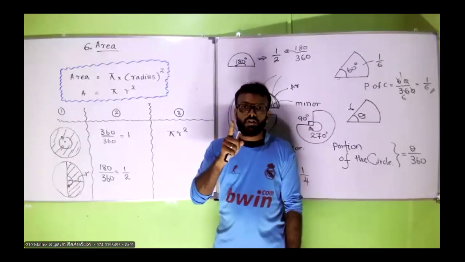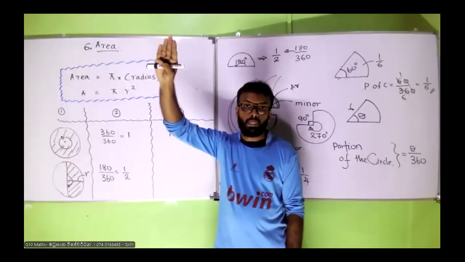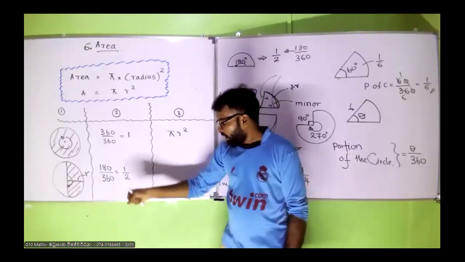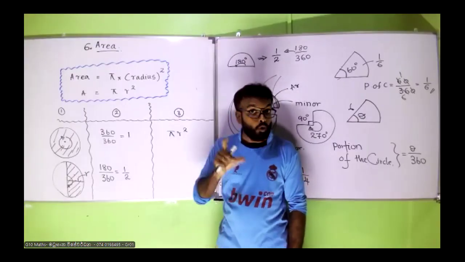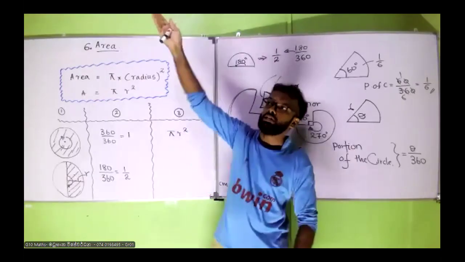You know how to represent the area of the full circle, right? Out of that full circle, you have taken half of the circle, a portion of the circle, of the area of the full circle.